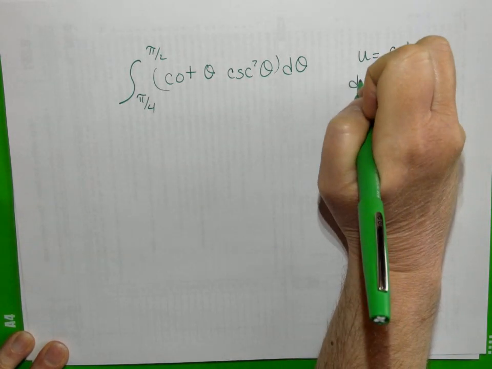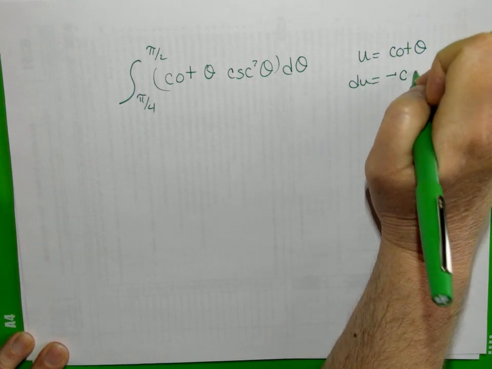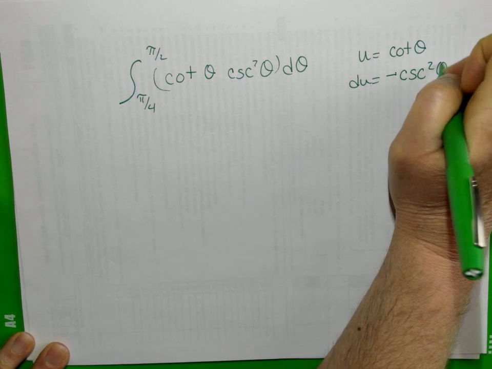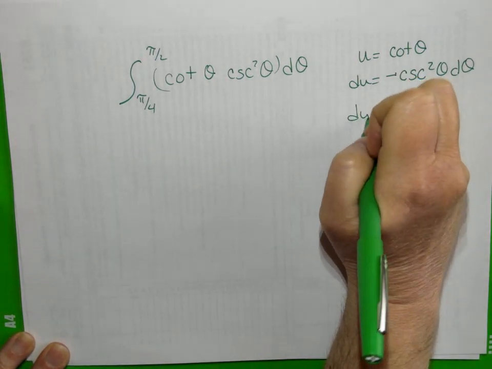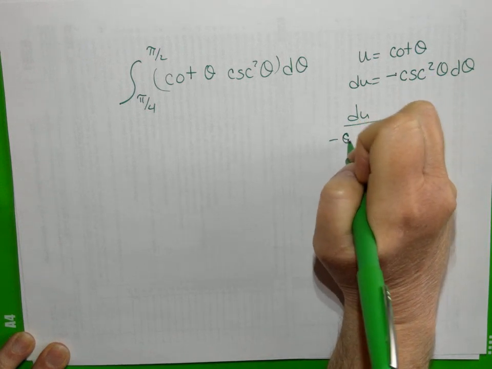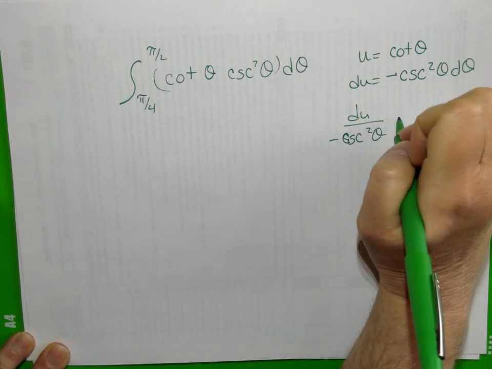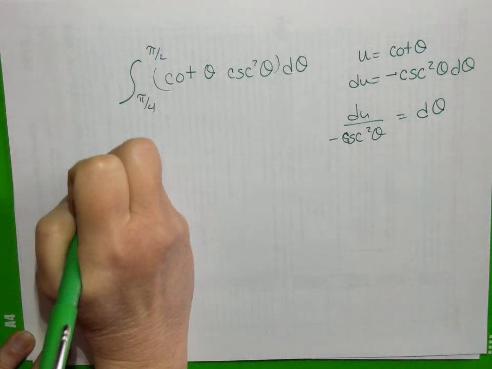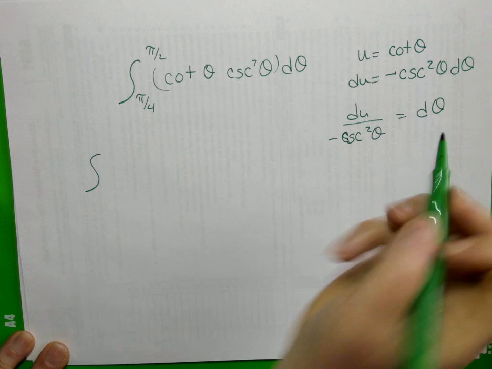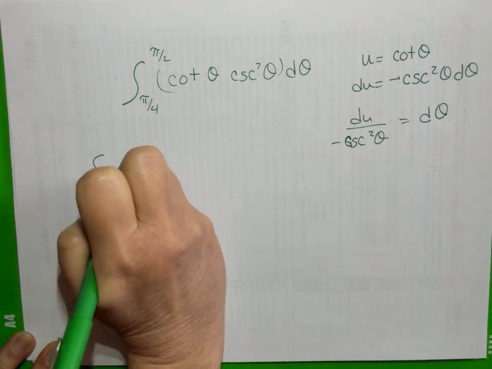So du is negative cosecant squared theta d theta. Again, I'm going to divide, so du over negative cosecant squared theta equals d theta. I'll adjust my boundaries in a minute. Let's do this part first.